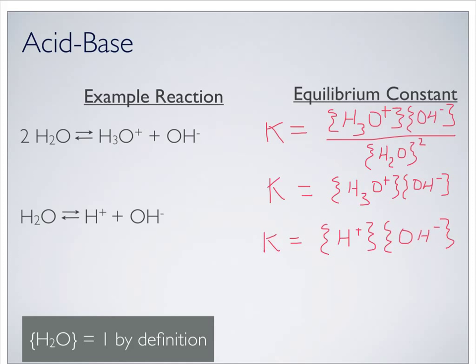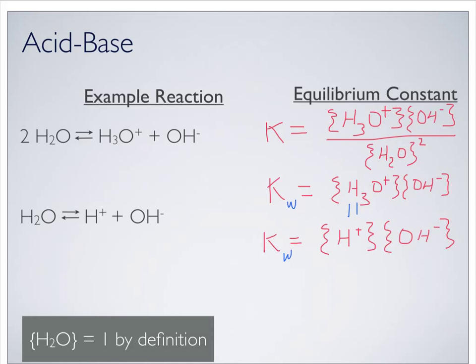And I want to point out that each of these lower two equations that's written on here is going to be exactly equivalent to one another. It's most explicit to write the first of these two, but oftentimes we just simplify things and just say that we have free protons floating around in solution. Now I've also just put two W's for each of those two expressions to indicate that we're talking about the ion product for water.